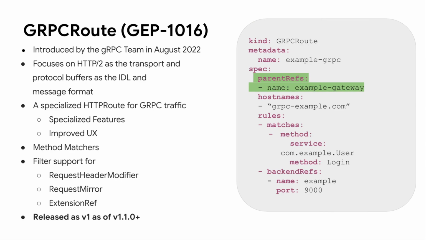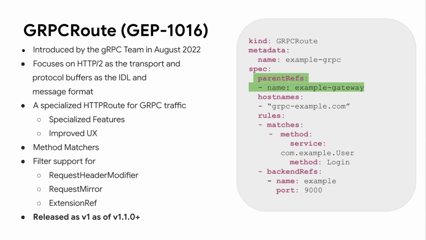In August 2022, the gRPC team introduced the gRPCRoute API. This dedicated API, stemming from a Gateway API enhancement proposal, addresses the specific need for routing gRPC traffic, which utilizes HTTP/2 and protocol buffers under the hood.